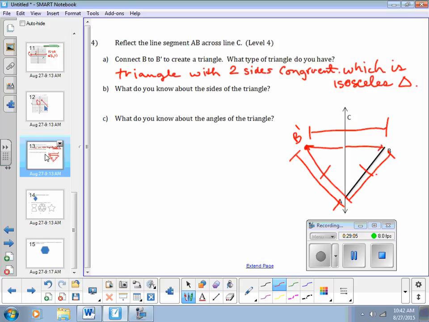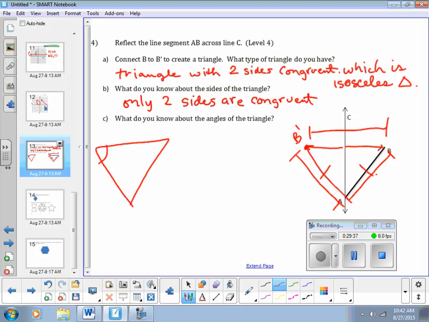What do you know about the sides of the triangle? Well, only two sides are congruent. Okay. What do you know about the angles of the triangle? Oh, this is a good one. If only two sides of the triangle are congruent, how many angles are there in a triangle? Three angles, always.